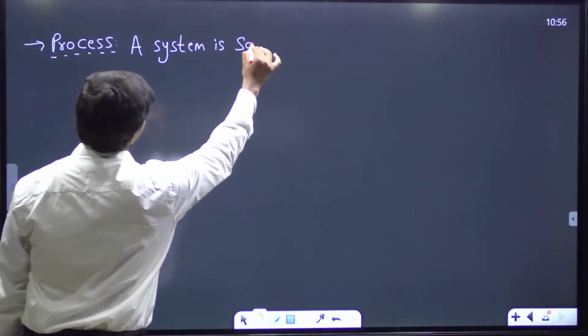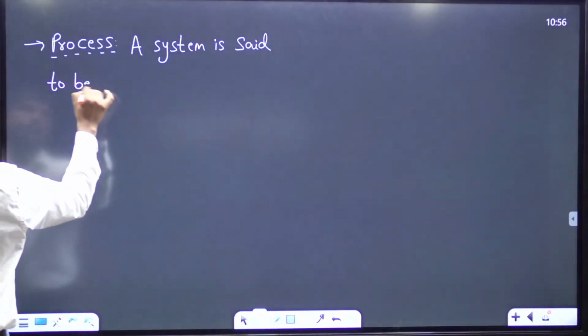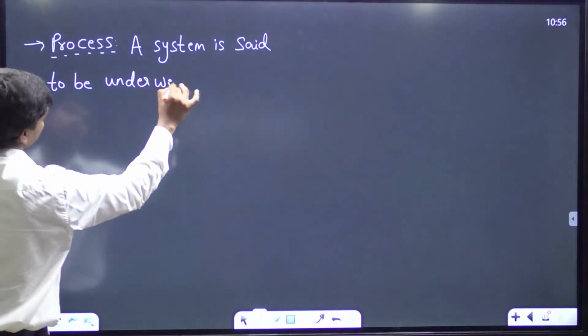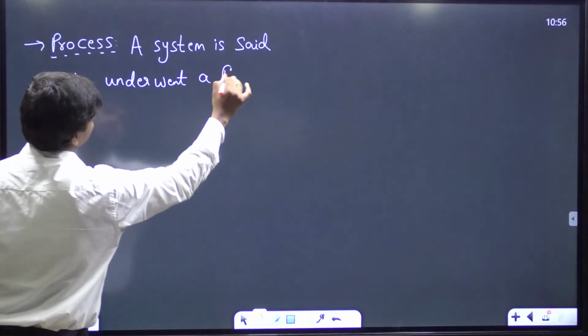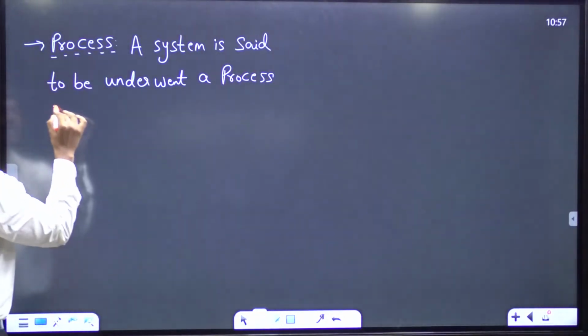A system is said to have undergone a process if it changes its state.